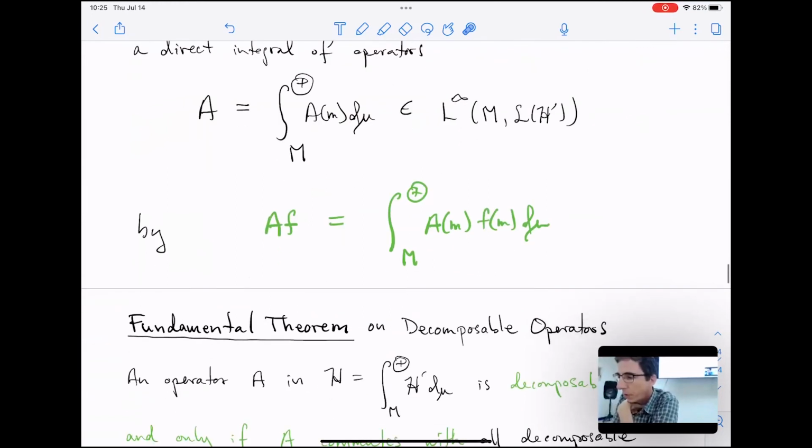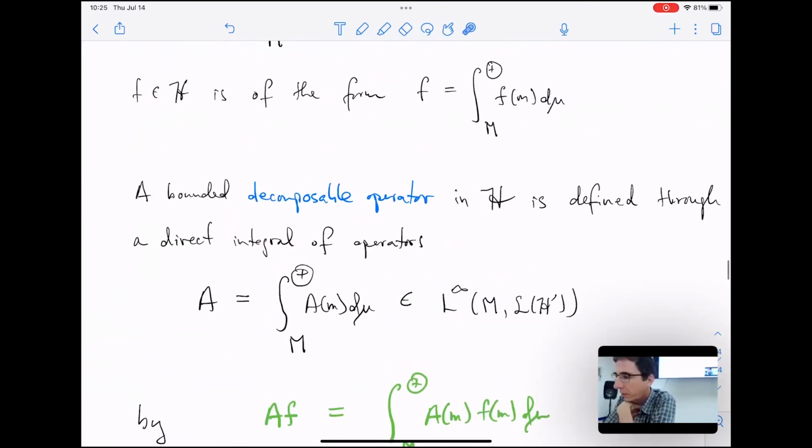In other words, an operator is decomposable by this decomposition of functions if the operator acting on every function in the larger Hilbert space is obtained by integrating over individual operators for every point in the measure space acting on the fibers of that function.